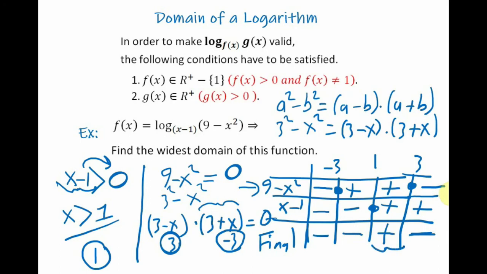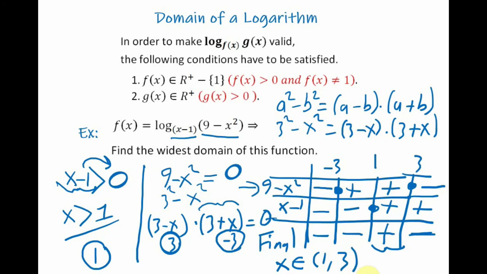That means our x values between 1 and 3 make both of these functions positive. Those values make x minus 1 a positive value, and 9 minus x squared a positive value as well. So I can say that x is an element of this interval. But let me write it first.